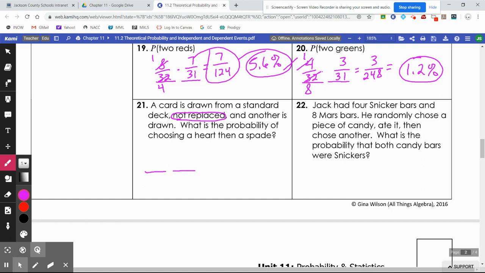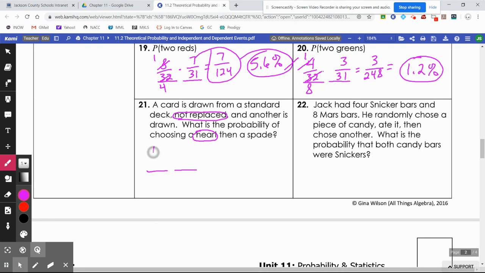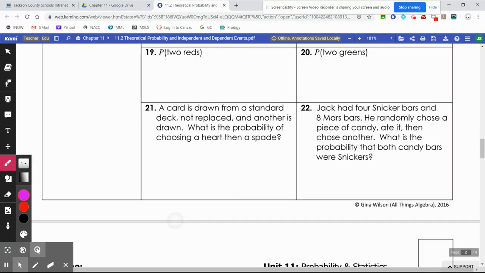Let's do it like this, just to make it make a little bit more sense. The probability of drawing out a heart: I know that 13 out of the 52 cards is a heart. So I've drawn out a card and I did not replace it.